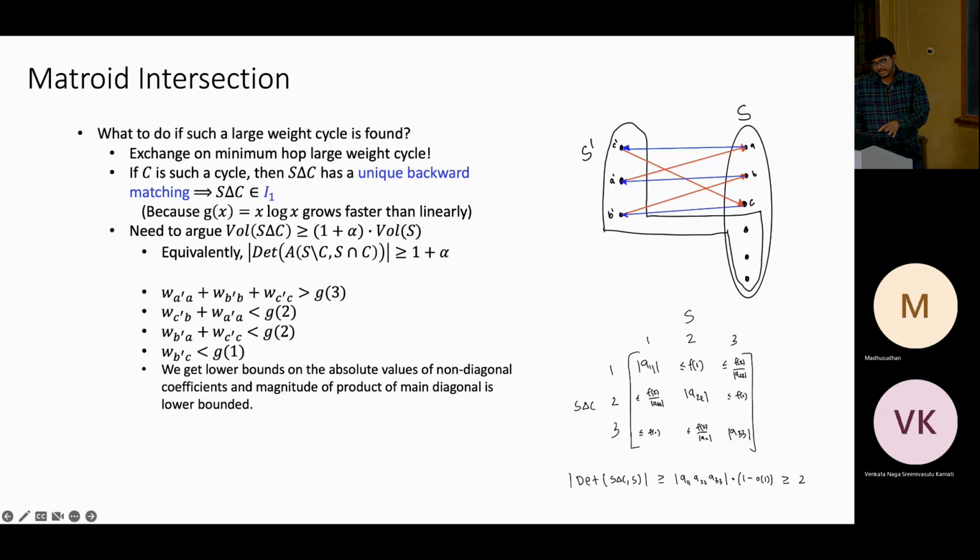You're guaranteed to stay in the independent set constraint in the Matroid, and your objective value in the linear Matroid will increase. So if you just keep doing that, you'll reach the optimum in a linear number of iterations, linear in the encoding size of the problem.